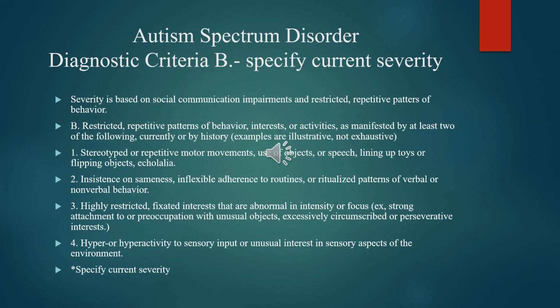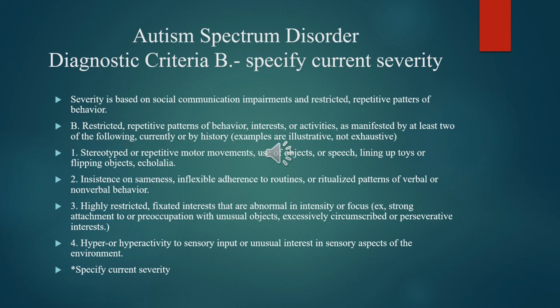Autism spectrum disorder diagnostic criteria specify current severity. Severity is based on social communication impairments and restricted, repetitive patterns of behavior. Criteria B, restricted, repetitive patterns of behavior, interests, or activities as manifested by at least 2 of the following, currently or by history.